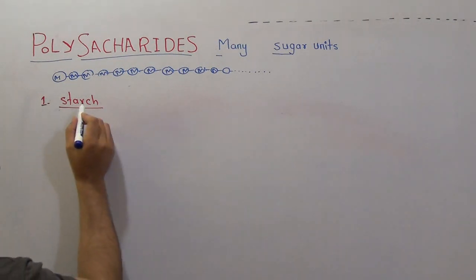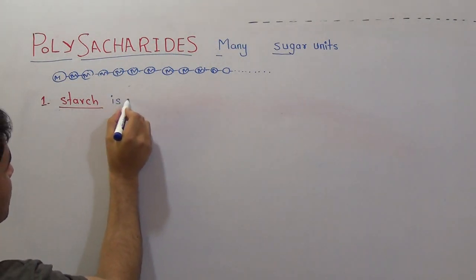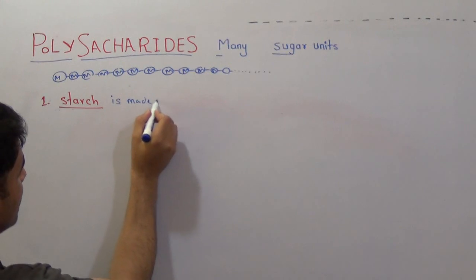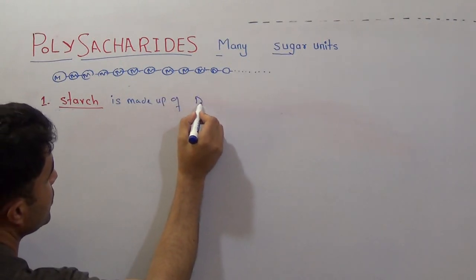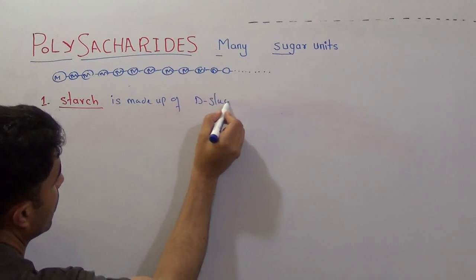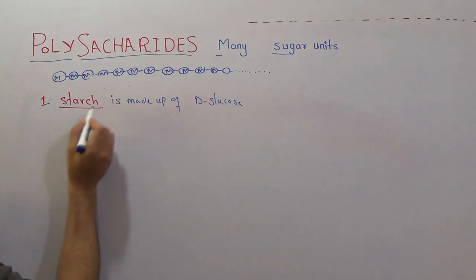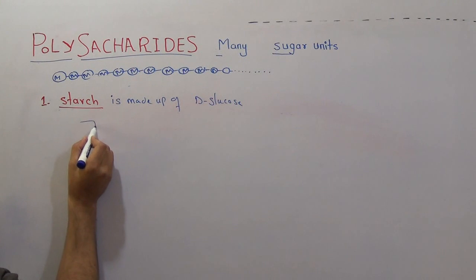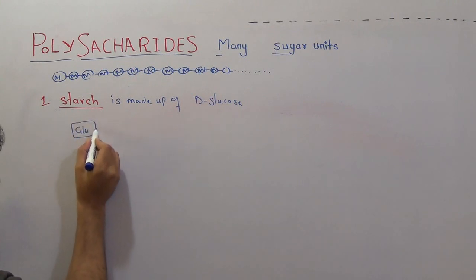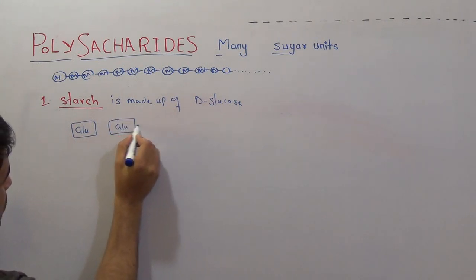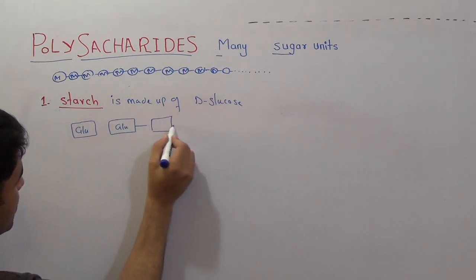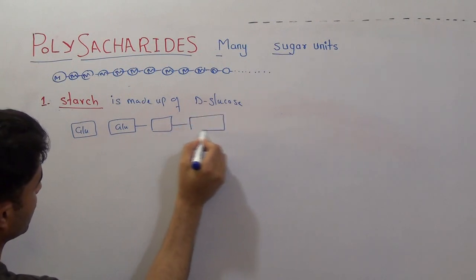The answer is, starch is made of smaller units called D-glucose. So starch consists of many glucose units combined.